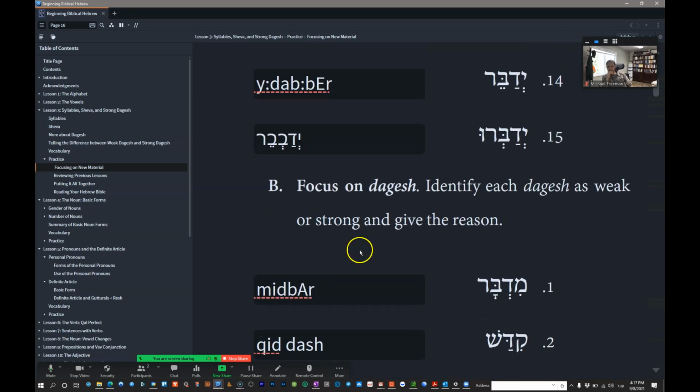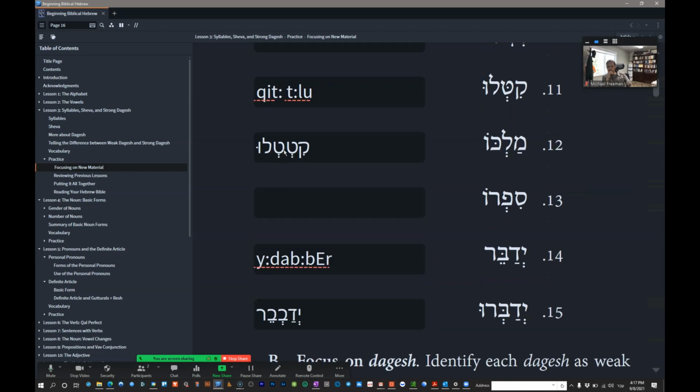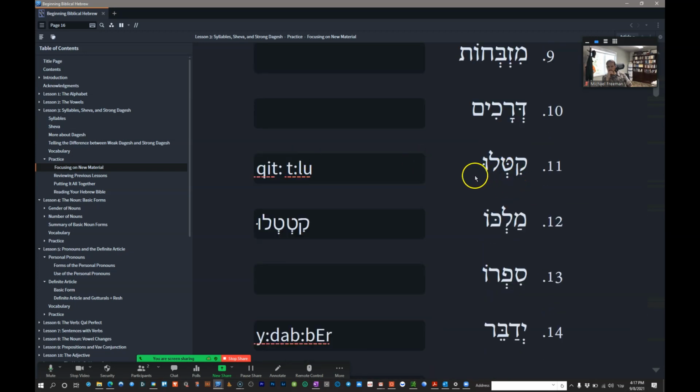The dagesh represents the first of the doubled letters with a silent schwa. So if we write that out for yiktelu, we're going to get the kof, hirik, tet with a silent schwa, tet with a vocal schwa, lu.